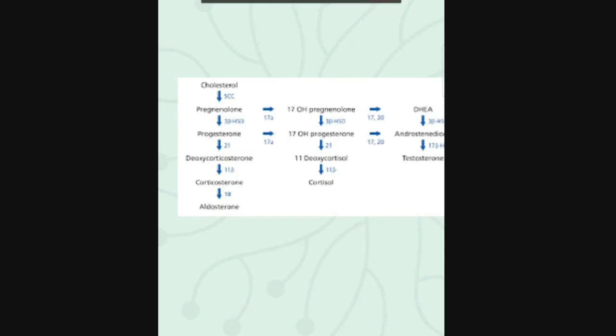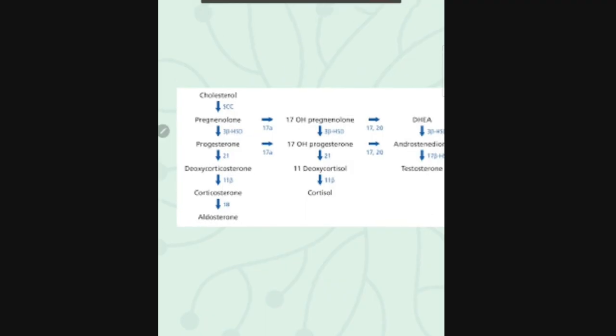Okay. So next, 17-alpha hydroxylase is another commonly asked question. See where it is. It helps in conversion of pregnenolone to 17-hydroxypregnenolone, and progesterone to 17-hydroxyprogesterone. So the cortisol pathway will come only if the 17-alpha hydroxylase enzyme is there. So what happens in 17-alpha hydroxylase deficiency? Cortisol will not be there. Hypoglycemia can occur.